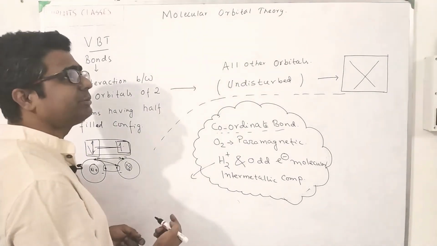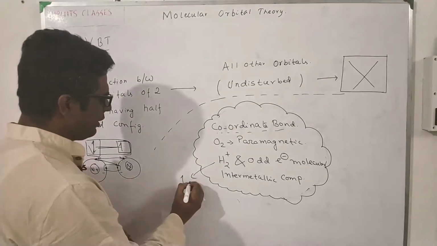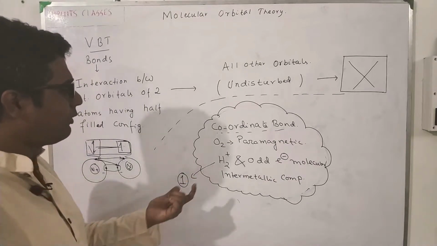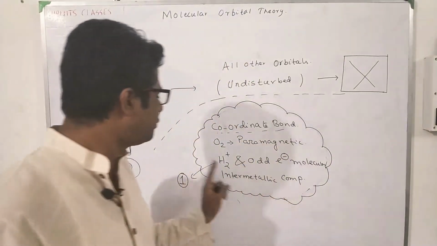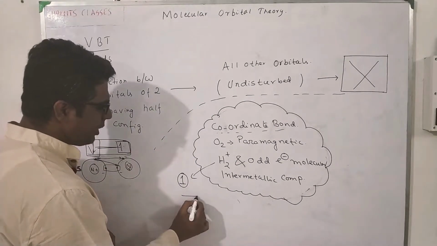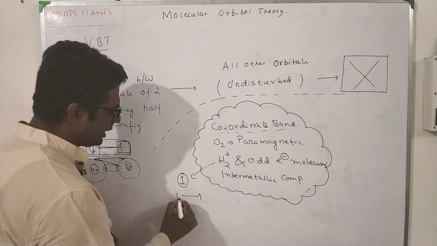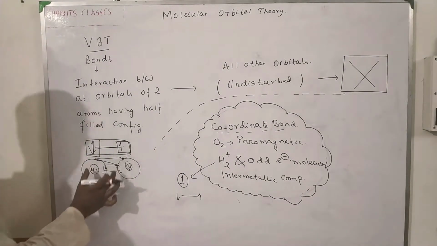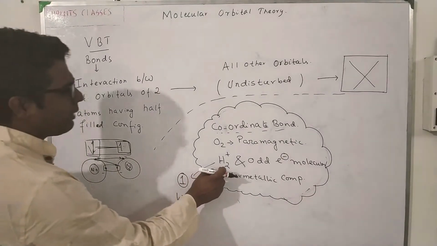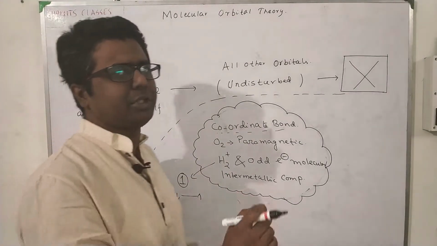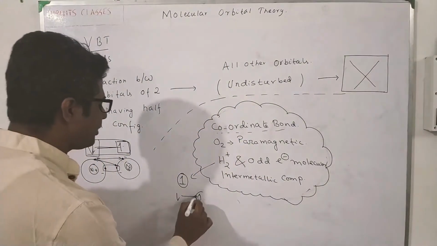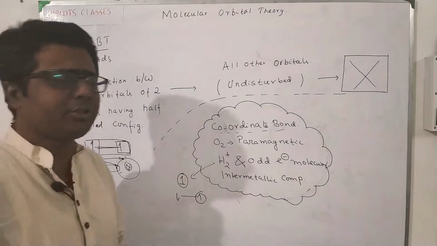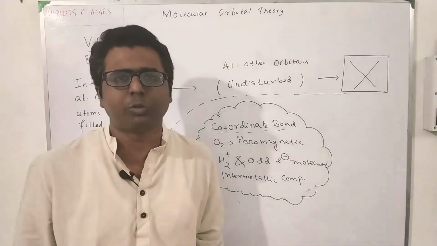H2 plus means 1 1 2, so one electron is there. So how does the pairing happen? The pairing will not happen in case of H2 plus, क्योंकि एक बॉन्ड बनाने के लिए मिनिमम तो 2 इलेक्ट्रॉन चाहिए ना. वैलेंस बॉन्ड थ्योरी में 2 इलेक्ट्रॉन तो मिनिमम चाहिए आपको. तो ये वाला मॉलिक्यूल कैसे बन गया है H2 प्लस, जो H2 बनने के बाद एक इलेक्ट्रॉन छोड़ देता है. अगर एक बॉन्ड में से एक इलेक्ट्रॉन छोड़ दिया तो बॉन्ड रहा कैसे? तो ये सब चीज हमको नहीं मालूम है वैलेंस बॉन्ड थ्योरी से.